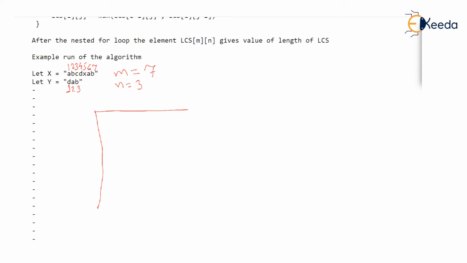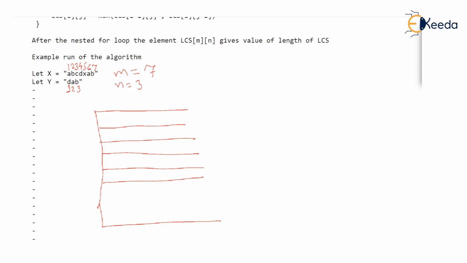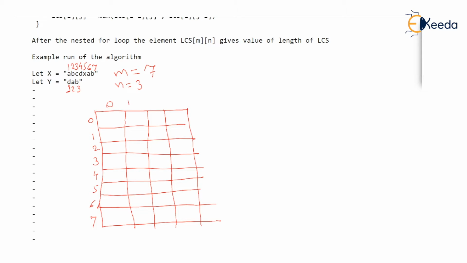We will declare a matrix which will have 8 rows because M is 7. So let's make a matrix of 0 to 7, that is 8 rows. And we will be having 0 to 3 columns because N is 3. So N plus 1 columns are there.